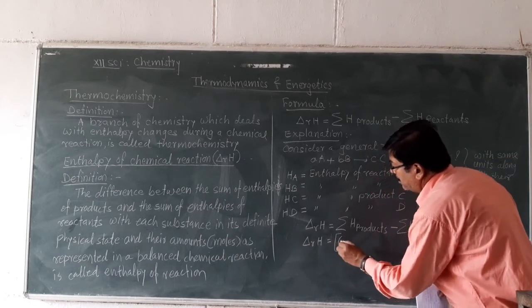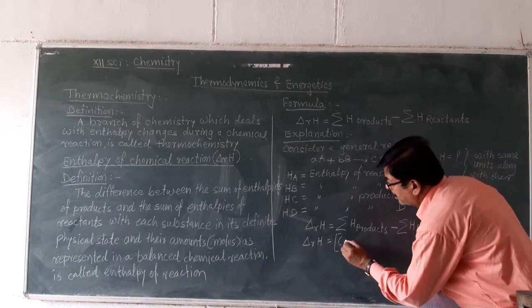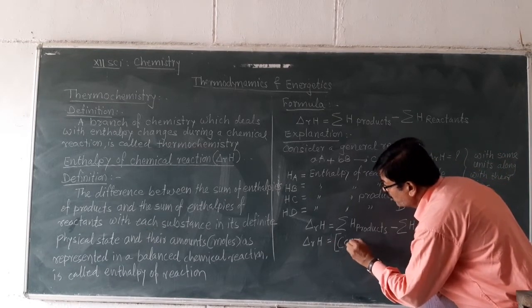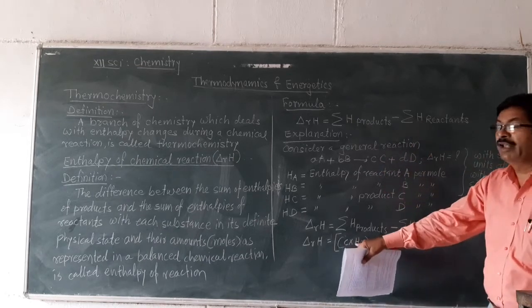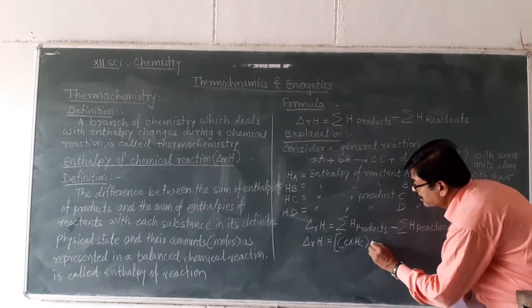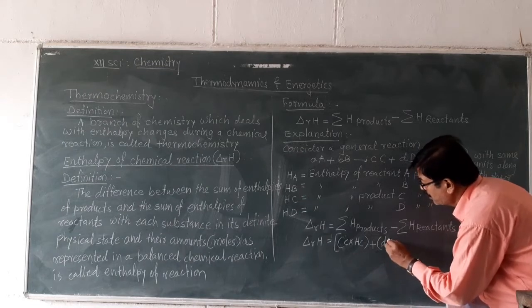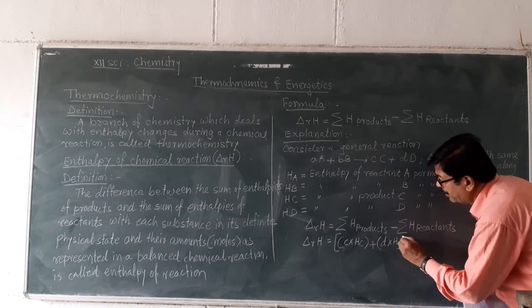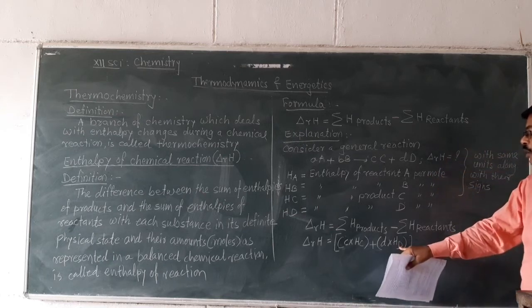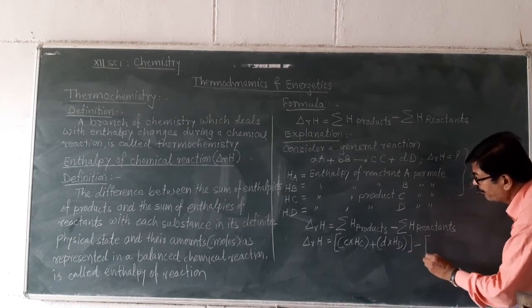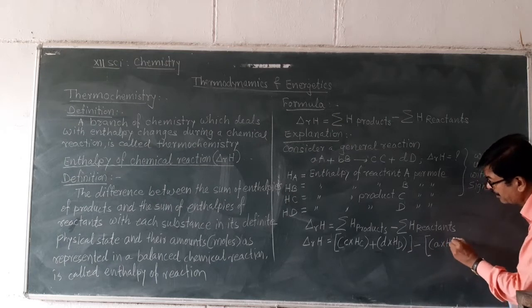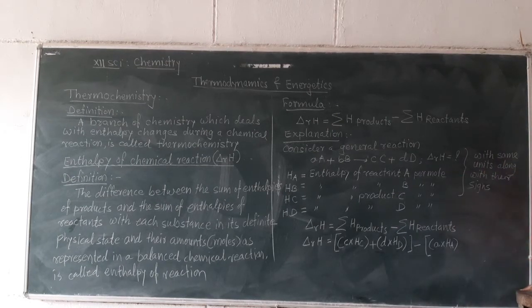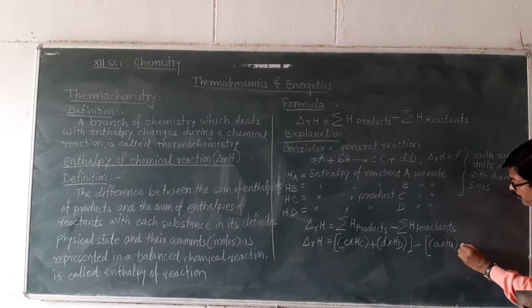Products are C and D. c moles of C, that means c into Hc, gives total enthalpy of product C, plus d moles into enthalpy of D. This bracket gives total enthalpy of product D. Minus, now reactants, a into Ha, this gives total enthalpy of reactant A as per the equation, plus b into Hb.